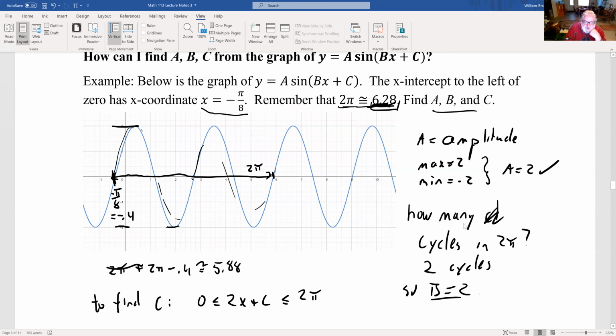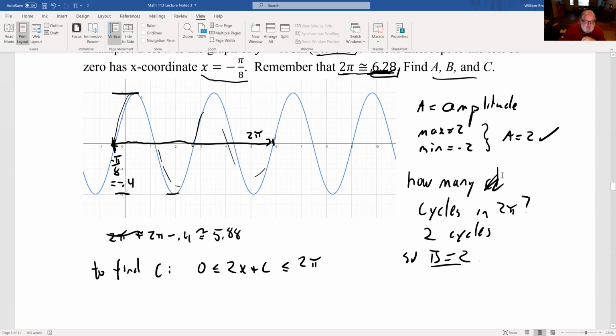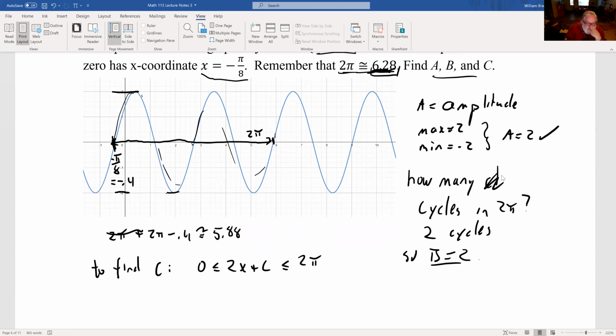So we take bx plus C, and we put it between 0 and 2 pi. We know B is 2, so we can plug that in. Now to find out what C is, we subtract: minus C is less than or equal to 2x is less than or equal to 2 pi minus C. Divide everything by 2: minus C over 2 is less than or equal to x is less than or equal to 2 pi over 2 minus C over 2.